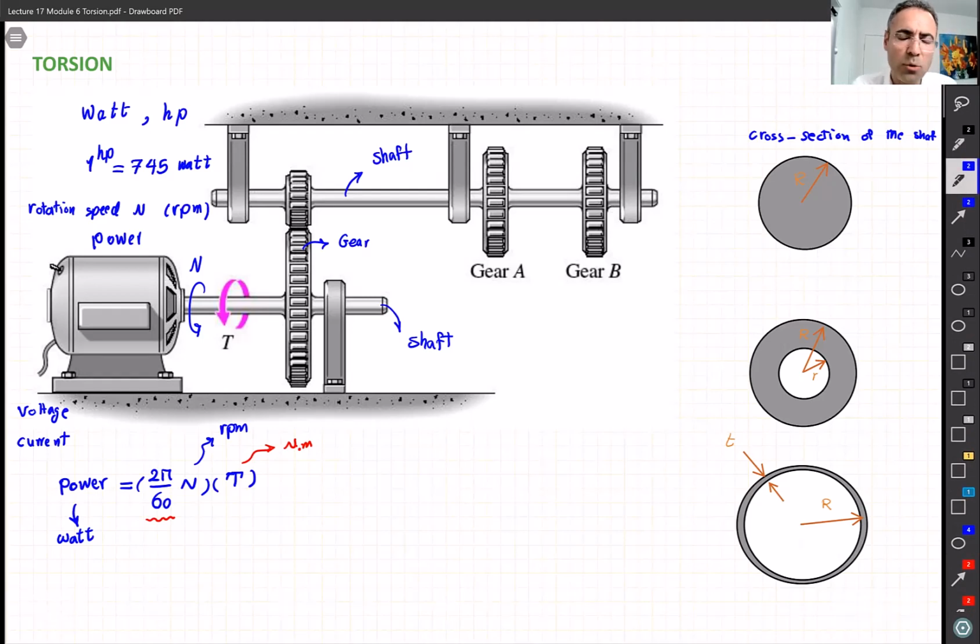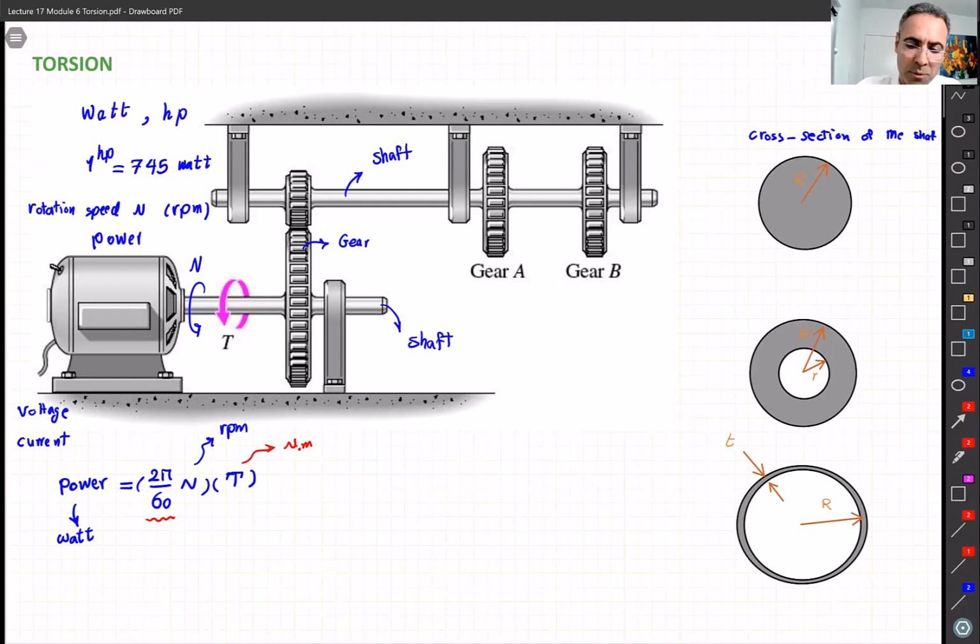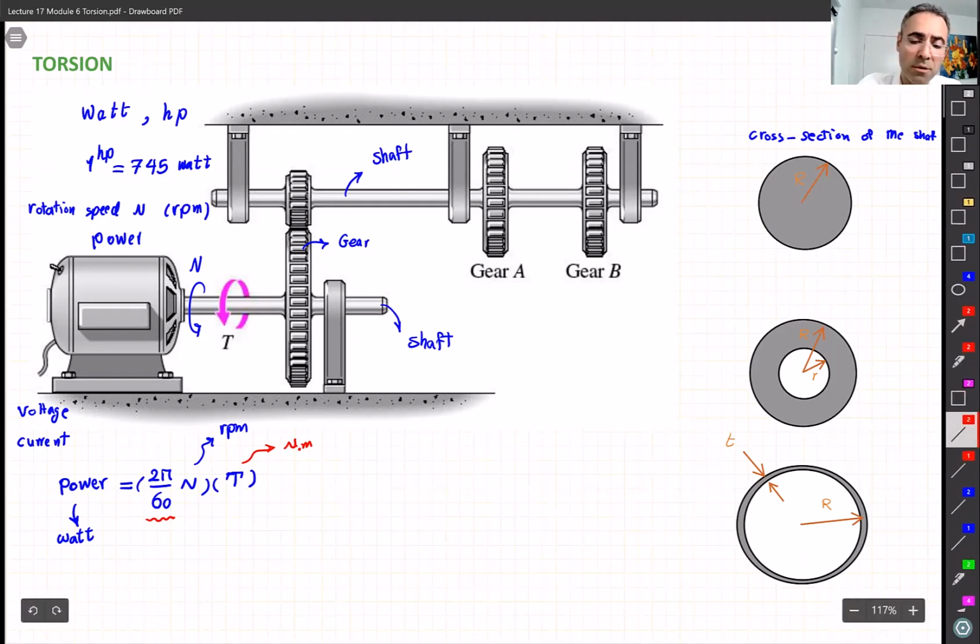But how do we know if the shaft can resist the torque that we are applying? And how do we know that it is strong enough? If you recall, we introduced something in the previous chapter, which we call moment of inertia. For example, for a solid shaft, we know about, let's say, this x-axis and about this y-axis.